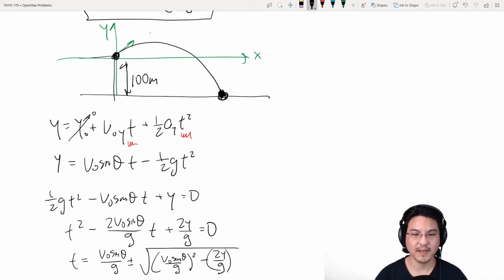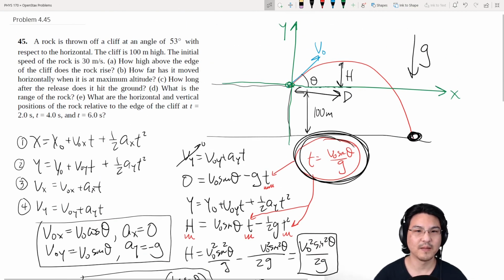Now I got the time that it lands here. So that's part C.